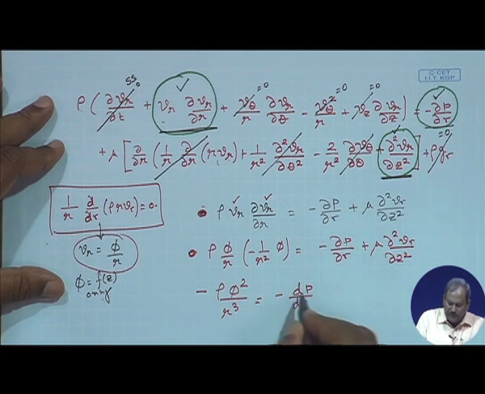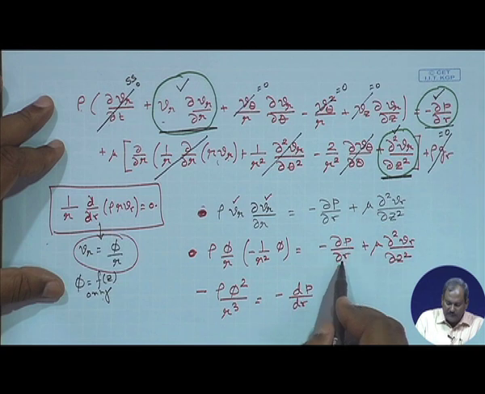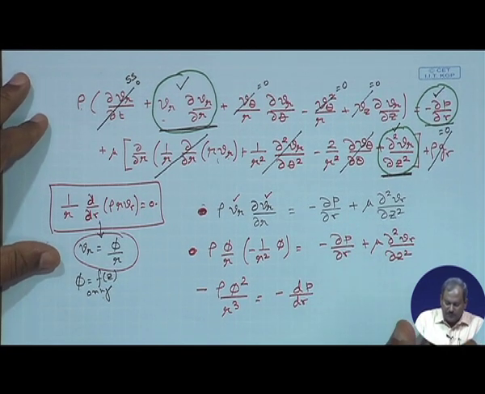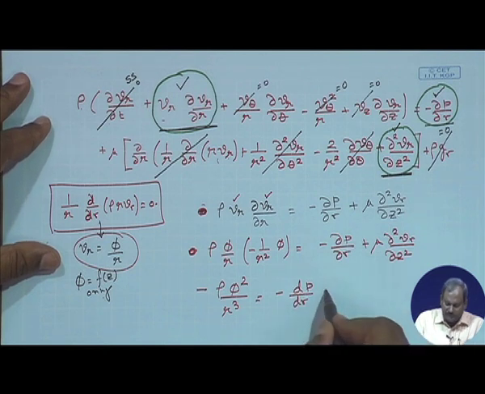I am consciously using dp instead of del P because P is a function of only r. It does not vary significantly with z or with theta.